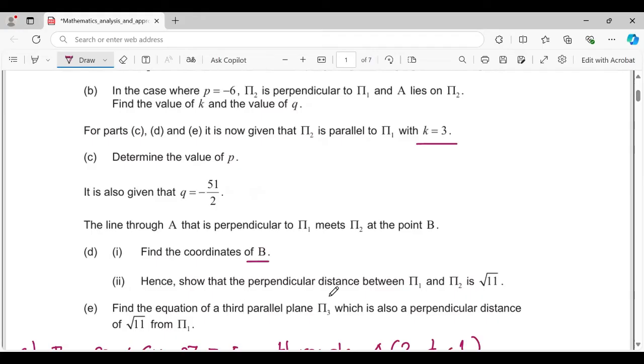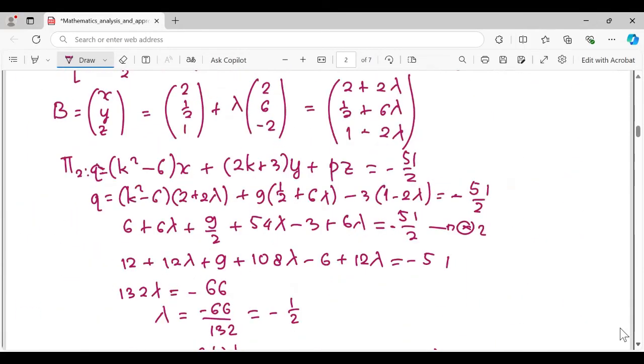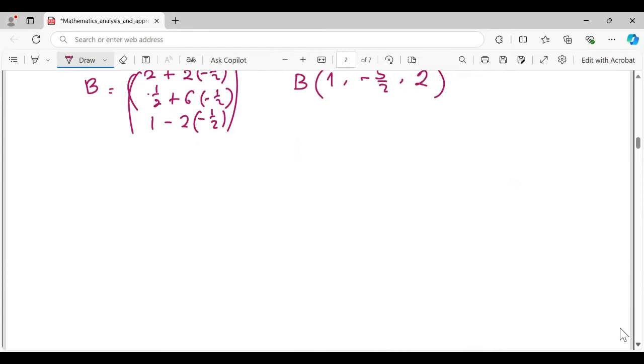And show that the perpendicular distance between plane pi 1 and plane pi 2 is square root 11. Okay, so part 2. A is 2, half, 1. B is 1, minus 5 half, 2.